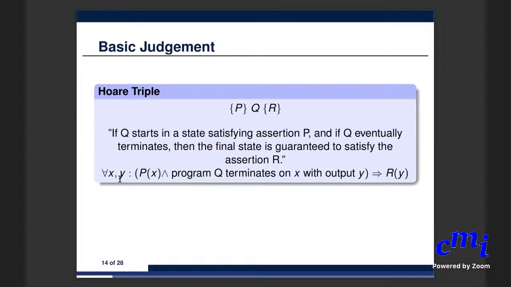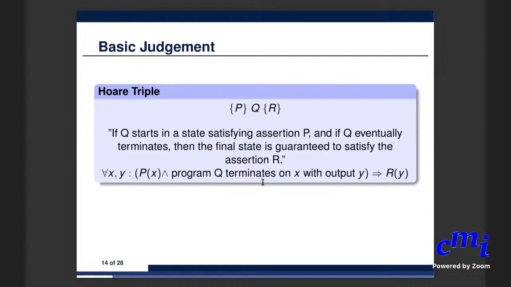So more formally, this is what it means. For every X and Y, where X is a set of variables and Y is a set of variables, if X satisfies P, the P of X is true, and when you run program Q on that input, if it terminates, producing the output Y. See, this is an implication.